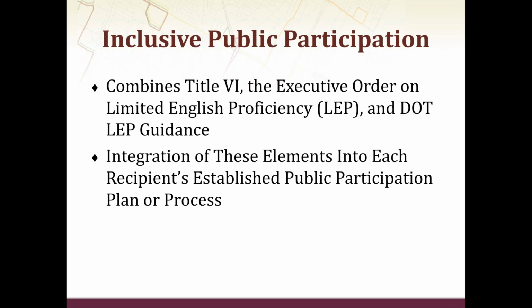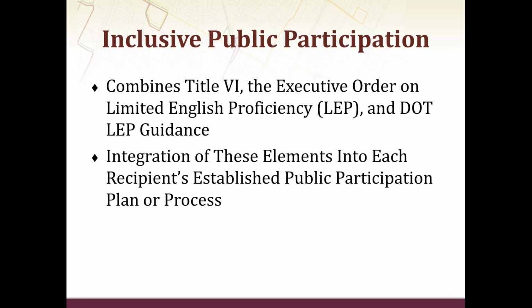So another requirement is that you have an inclusive public participation plan, your PPP, and this basically derives from Title VI, the actual legislation. There's an executive order on LEP, Limited English Proficiency, individuals, and then other LEP guidance. And the integration of these elements into each recipient's public participation process is very important.